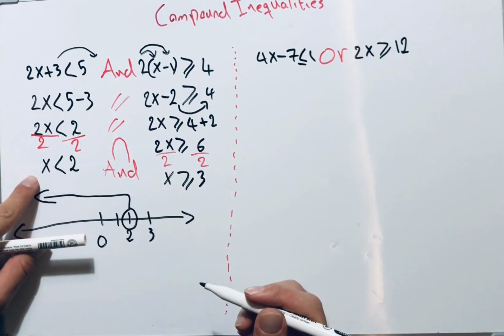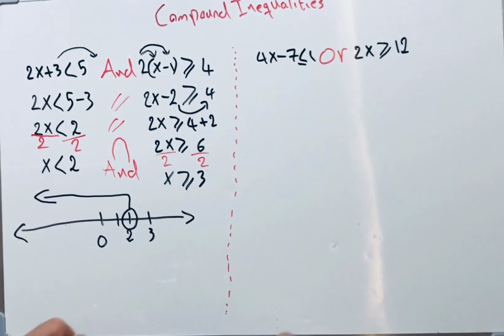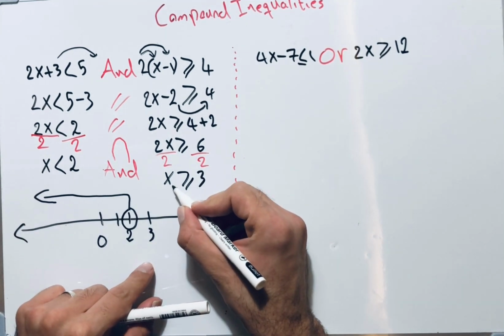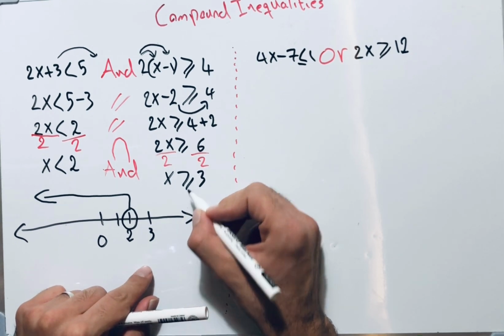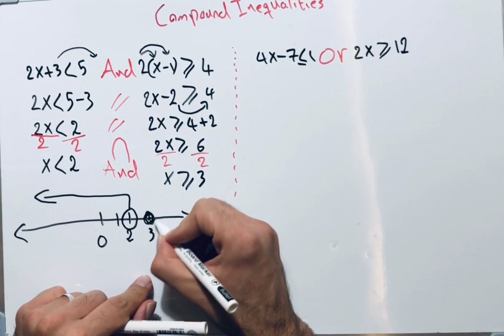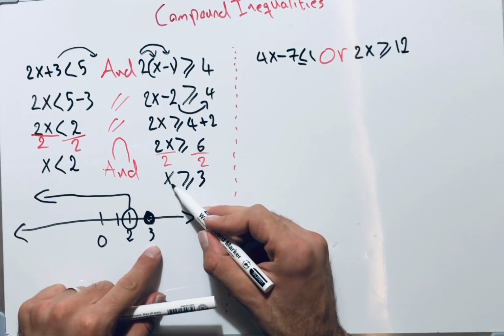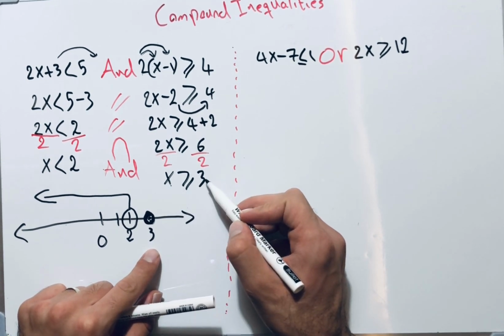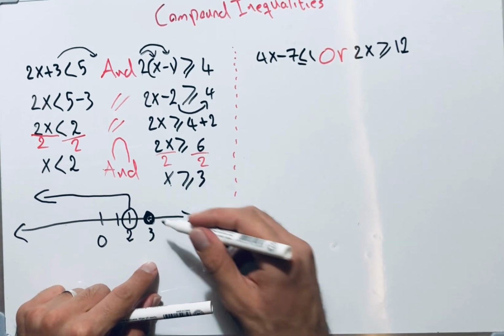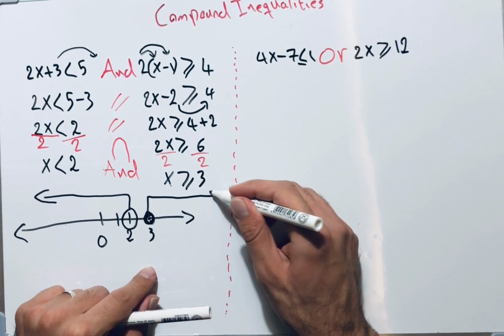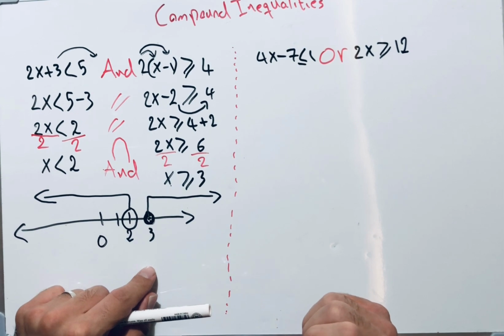The first inequality says that. The second one says x is larger than or equal to 3, and it has an equal sign, so we can fill this circle. Now x is greater than 3, so as we go to the right side, numbers get larger, so it's going to be like this.